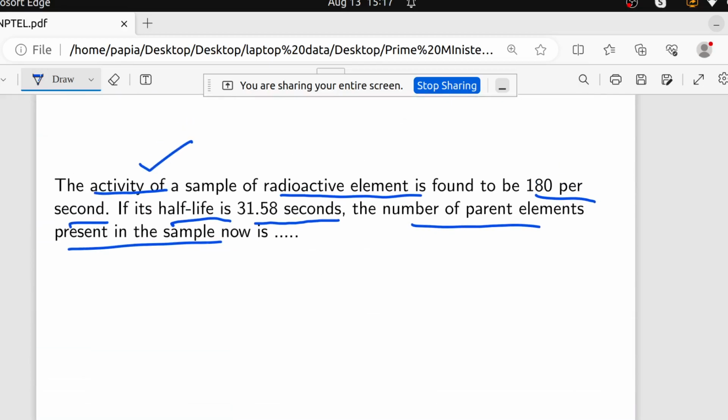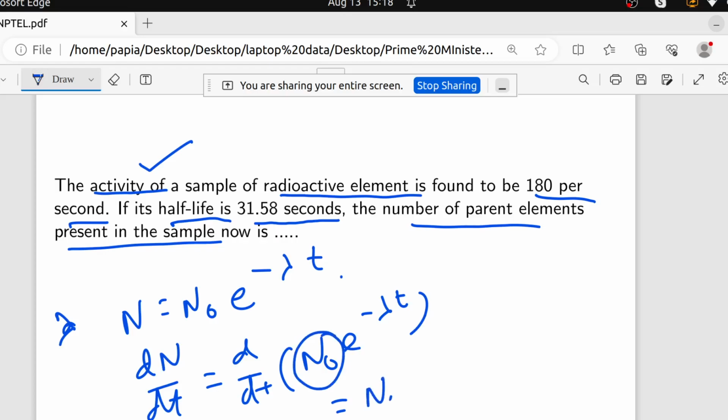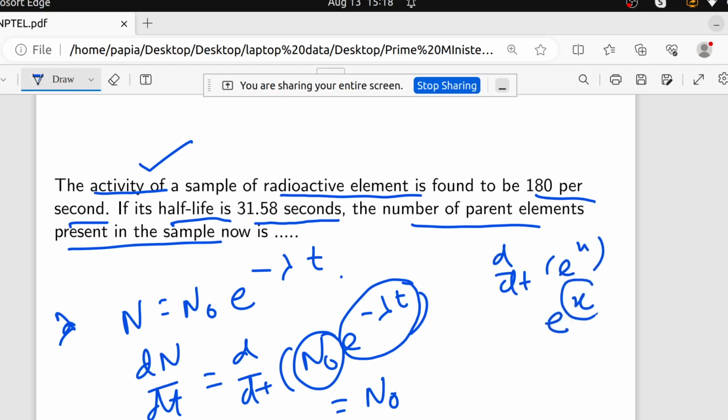A student asked: how does the minus lambda come, ma'am? Okay, how the minus lambda is coming. The expression was N equals N0 e to the power minus lambda t. Now we are doing dN/dt. N0 is a constant, so it comes out as it is. Now the e to the power minus lambda t part: d/dt of e to the power x is e to the power x only, right?